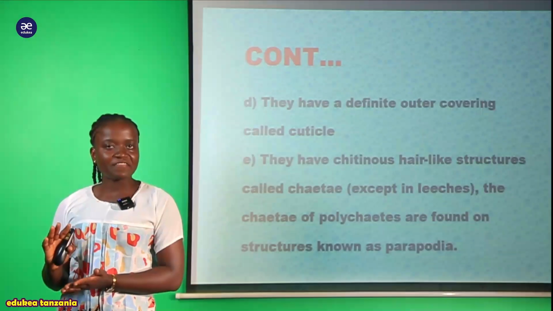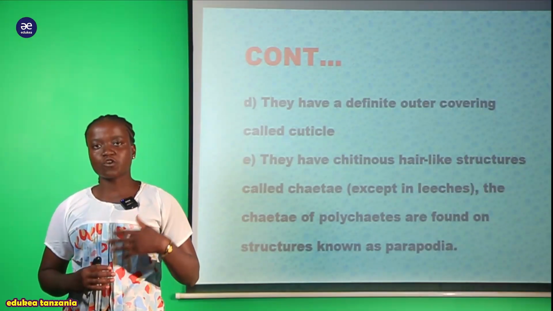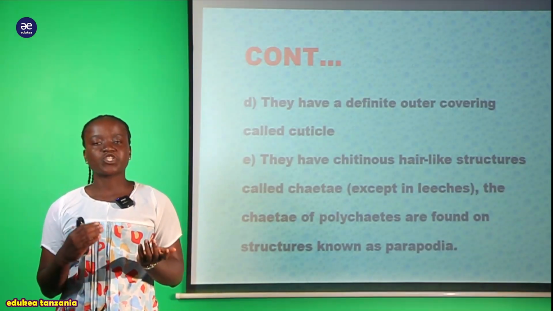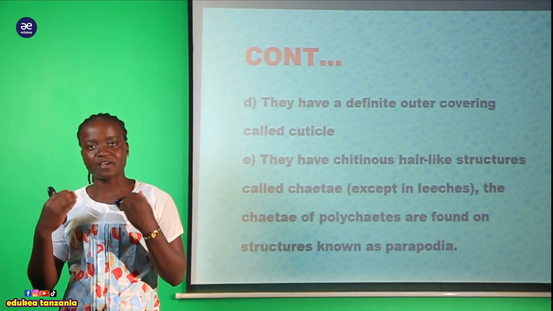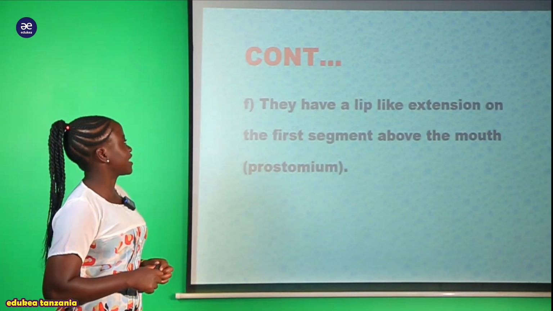When we go further, discussing the structure of this organism, you will know the function of the parapodia and the chaetae that are possessed by this organism. And also we have another characteristic here.